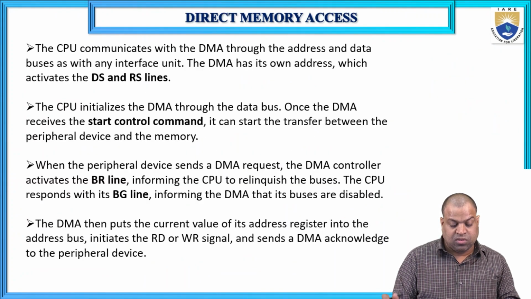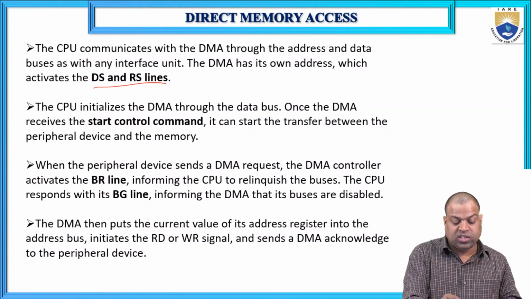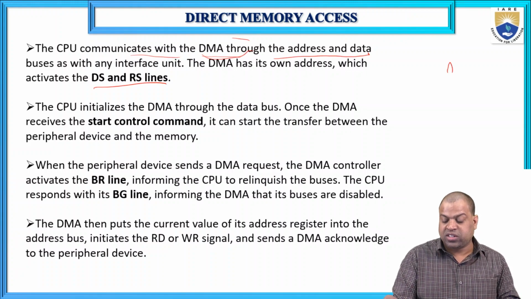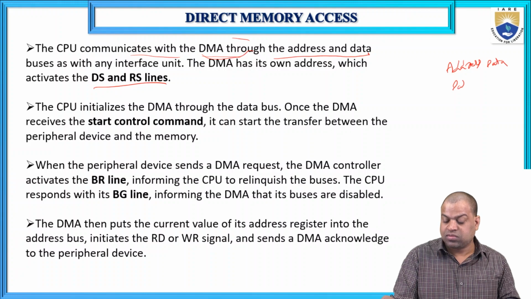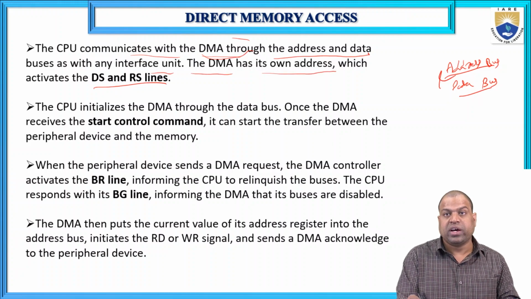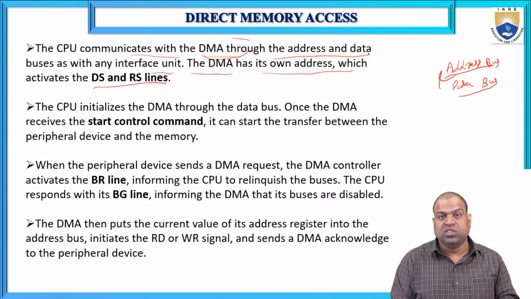So the DS and RS lines of the CPU communicate with the DMA through the address bus and data bus.